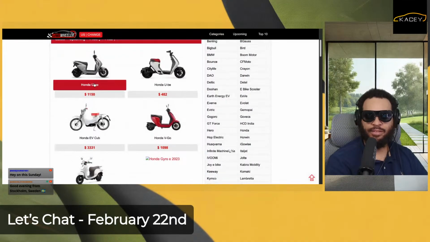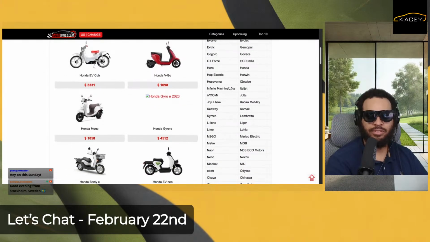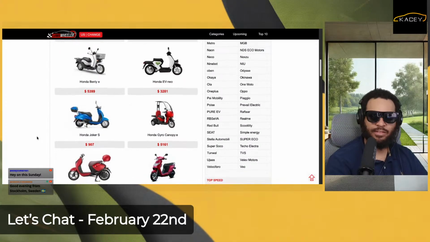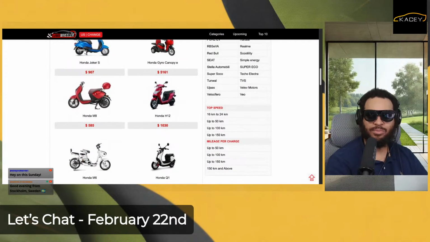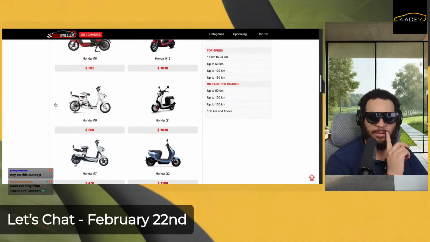They've got the Yugo, the UB, the EV Cub, the Vigo, the Mono, the Gyro E, which we don't have a picture of, the Bentley E, EV Neo, Gyro Canopy E, the Joker S, the M8, H12. Are these all electric? They did that quietly.